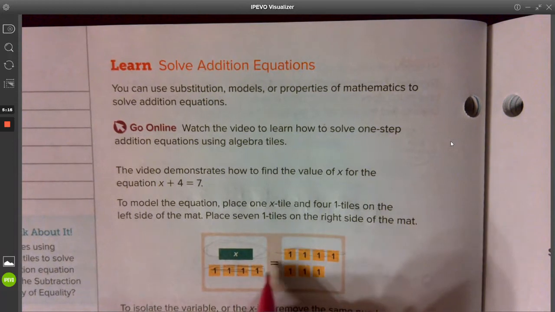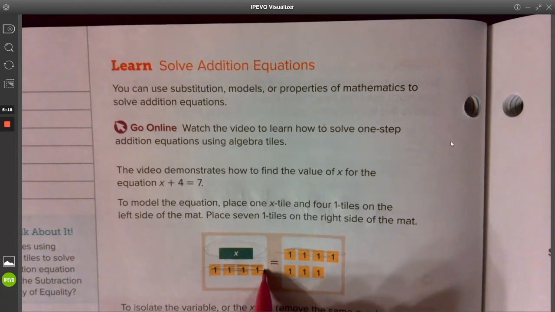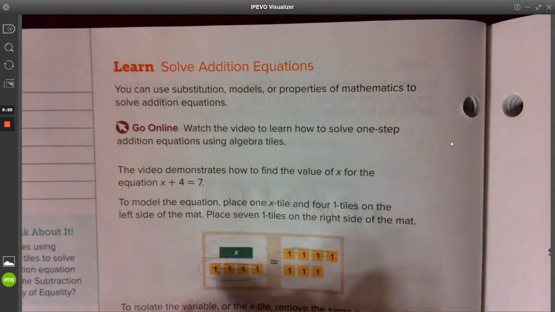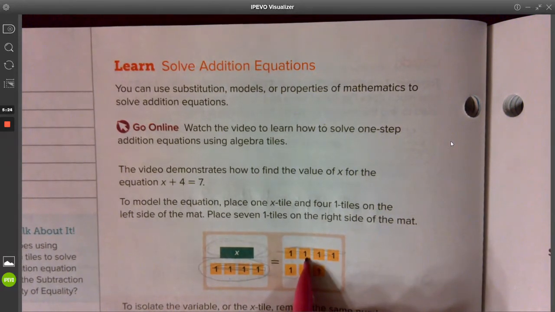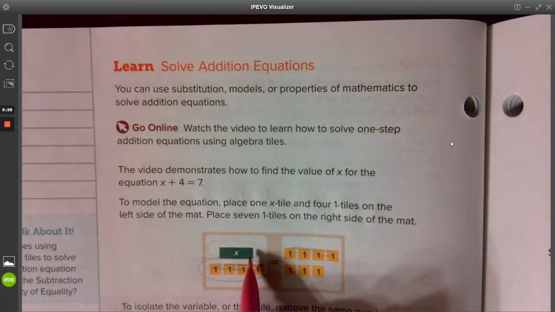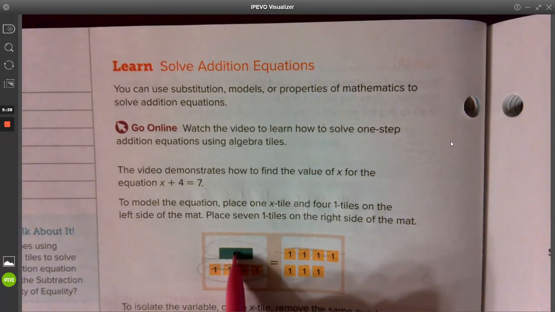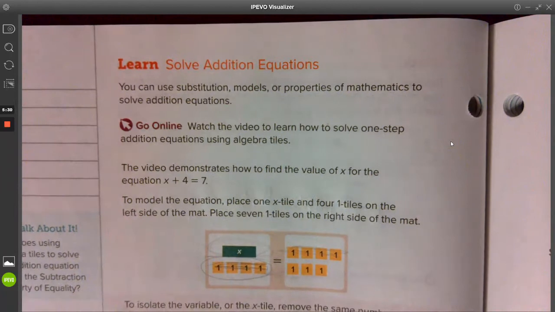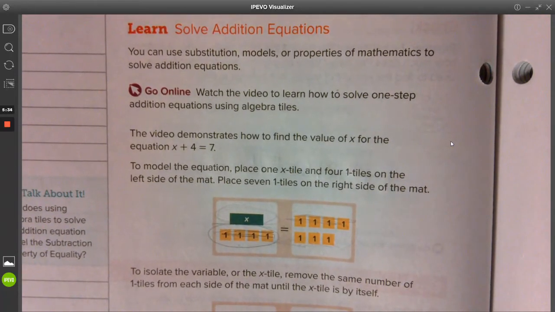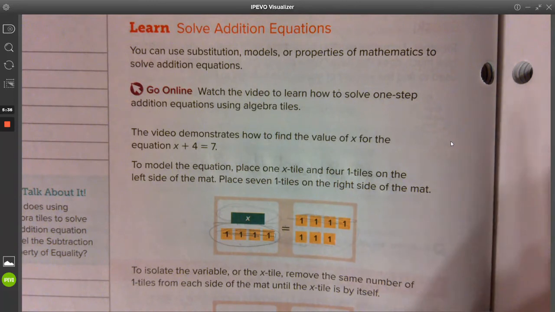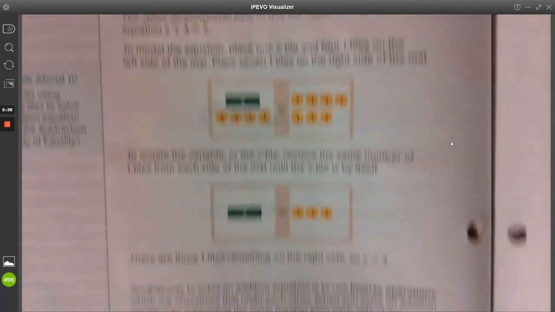Because what I do is I simply subtract. I can subtract all of the whole numbers that we see here, which is 4. I can then subtract the same amount from the other side to even it out. Then we have an even scale. X would equal 3. So addition equations are using inverse operations of substitution to solve.